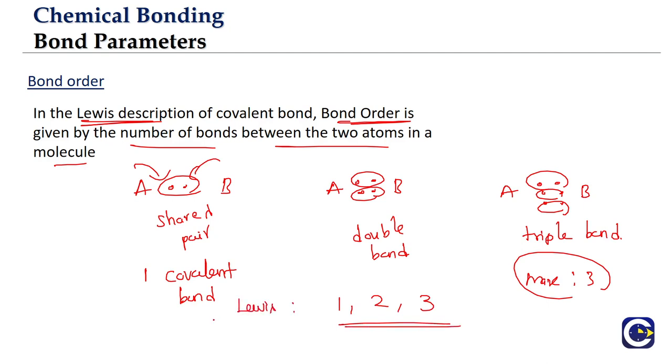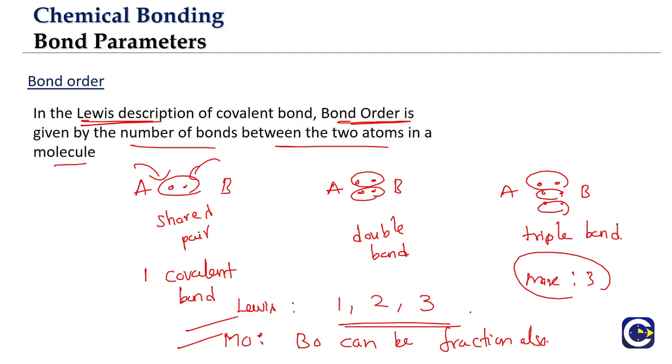But later, when we look at the quantum model of the atom and its application to chemical bonding, which we will do in molecular orbital theory, we will see that the bond order can be a fraction also. This is something that cannot be explained by the Lewis theory, because Lewis theory talks about either a single, double or triple covalent bond.